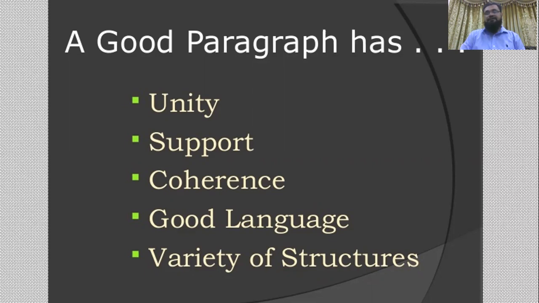The variety of structures means you can use active and passive both. Like he was eating mangoes, or mangoes were eaten by him. So you have to impress the reader, the teacher, with the grip of your language structure.